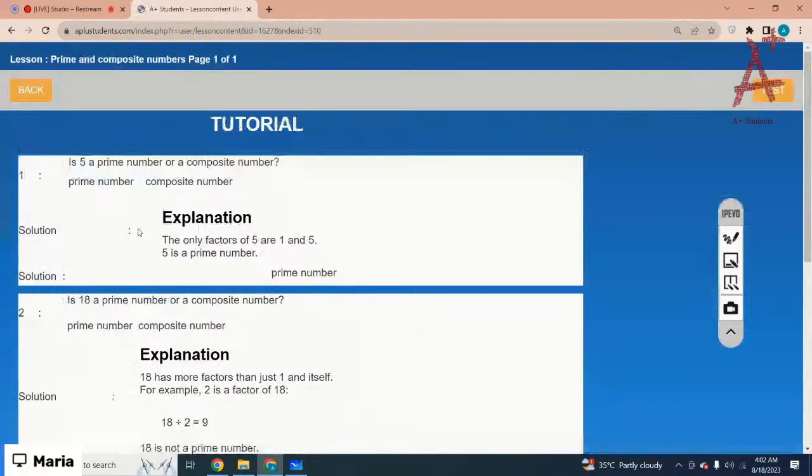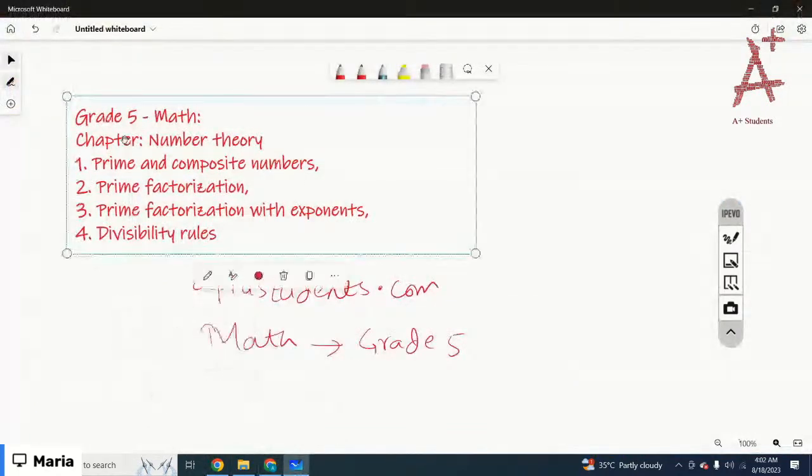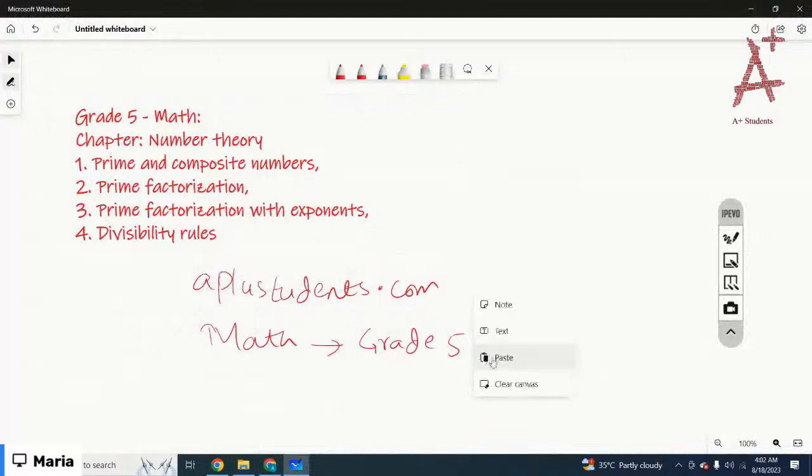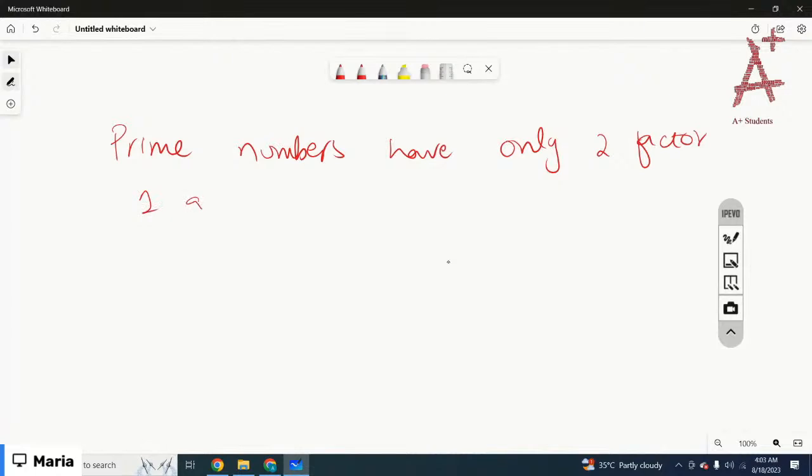First of all, let me explain what prime and composite numbers are. Prime numbers have only two factors, right? You can note down the definitions. Prime numbers have only two factors, one and the number itself, right?